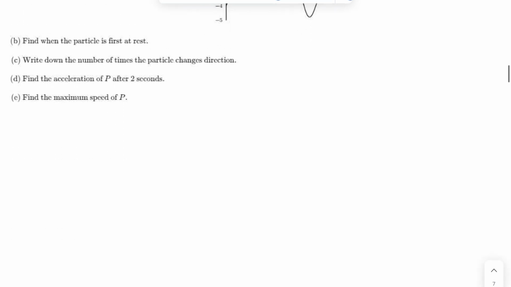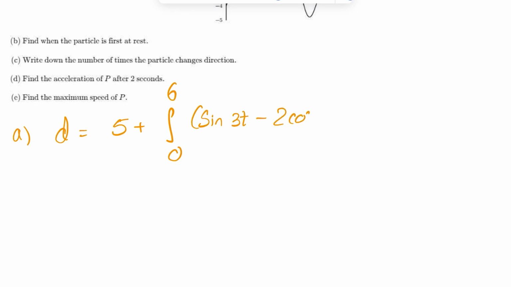So the displacement will always be 5 plus, because it is already starting at 5. 5 plus the integral, which will give you the displacement, from 0 to 6 of sin 3t plus or minus 2 cos t minus 2 dt. You can use the GDC and get this answer as negative 6.3 meters. 6.30 meters. That is part A.